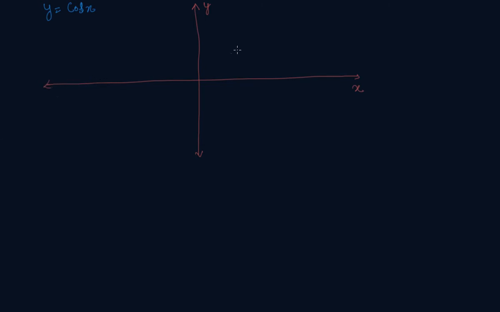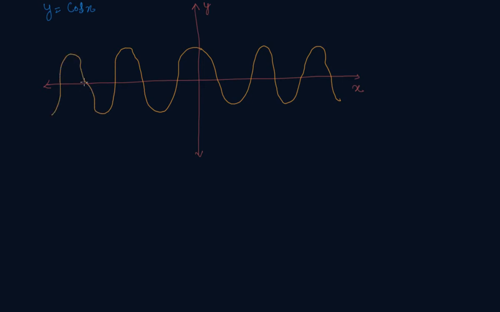The graph of y equal cos x looks like this. So this is the graph of y equal cos x. Students, my drawing is not that good, that's why these lines are sometimes off.